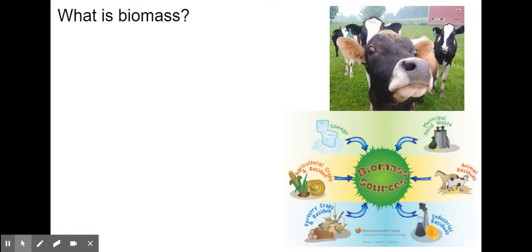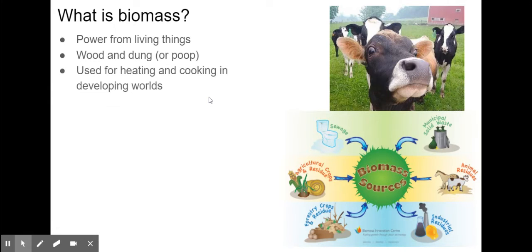What is biomass? Biomass is power from living things. Remember, bio is life. Wood or dung, which is poop. It's used for heating and cooking in developing worlds. Methane is a type of biomass that comes from bacteria decomposing organic waste.